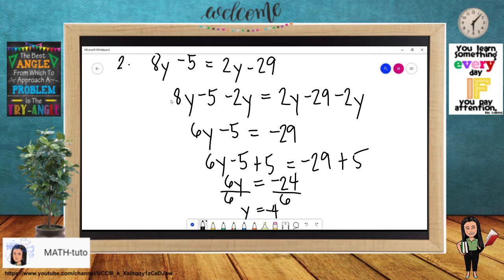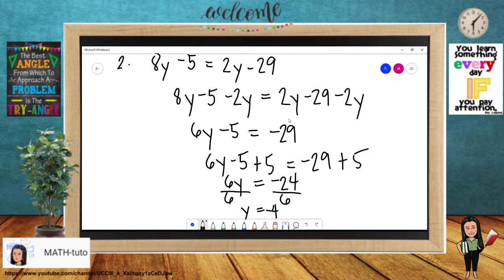Here in our example, in the first step, I added negative 2y to both sides of the equation. So, I only added the variables to both sides of the equation.